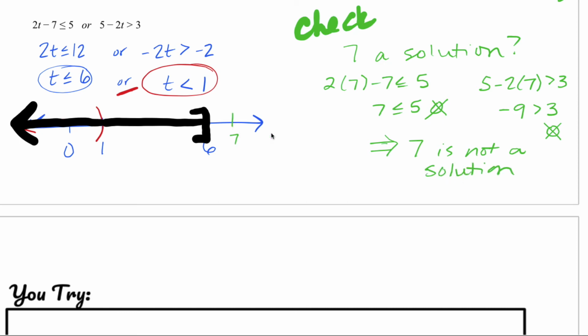We should also check, and I won't for time, if 0 is a solution, it's shaded. Check if 5 is a solution, it's shaded by the blue but not the red. Would that work for this or statement? And it does. So our interval notation, starting from left to right, is negative infinity to positive 6, including positive 6.